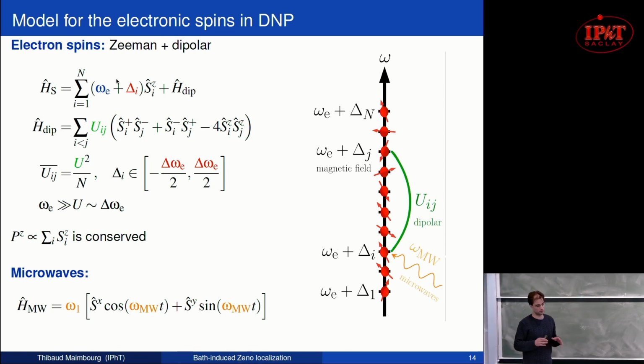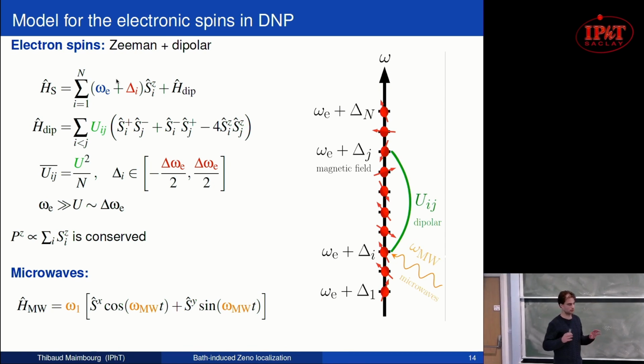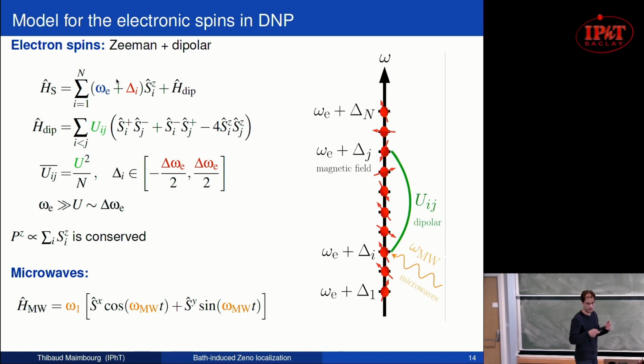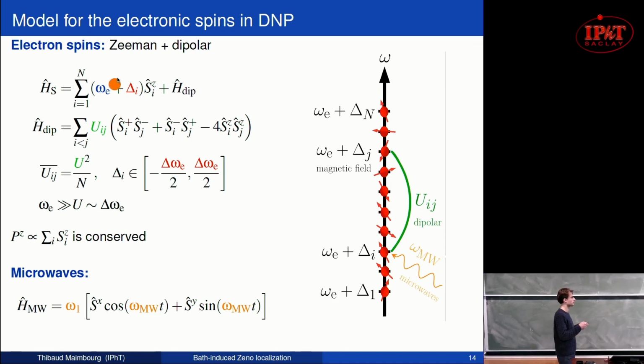And actually, due to the fact that it's very large, and to the fact that each electron is hosted by a molecule that has a disordered orientation, it can be from one side to the other, it changes. You have some kind of anisotropy that results in a small disorder in the magnetic field.